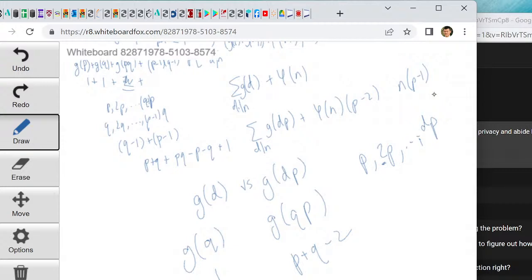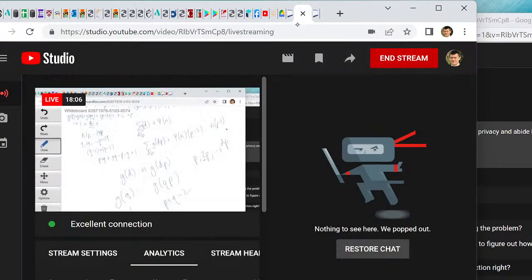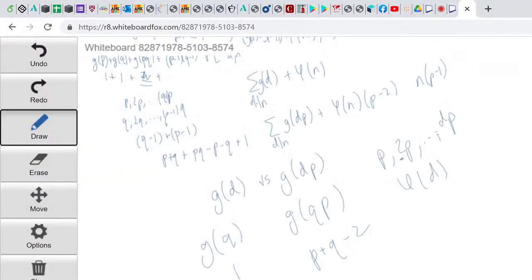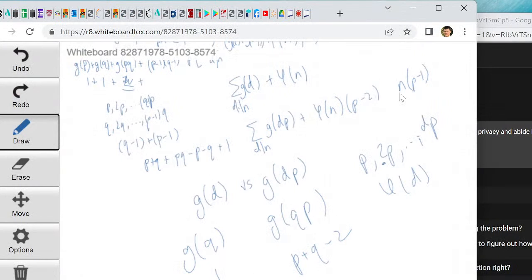Okay, maybe use phi to express that. So it's like phi of d. So the phi of d things that come from p.